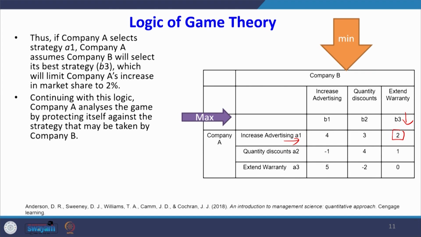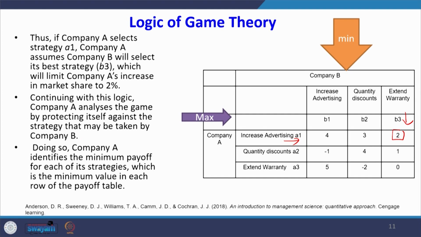Continuing with this logic, company A analyzes the game by protecting itself against the strategy that may be taken by company B. Doing so, company A will identify the minimum payoff for each of its strategies, which is the minimum value in each row of the payoff table.